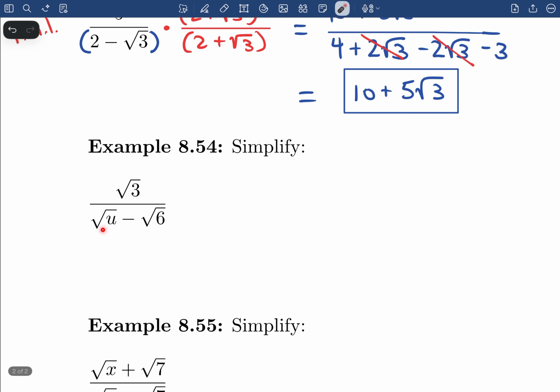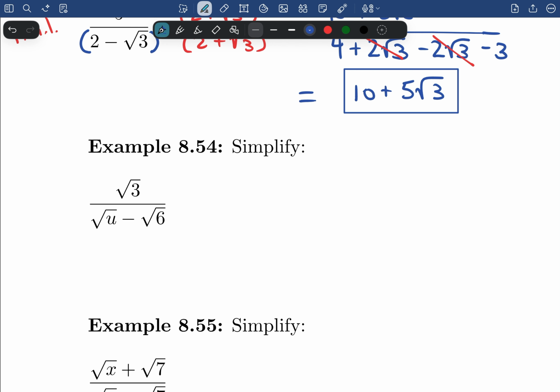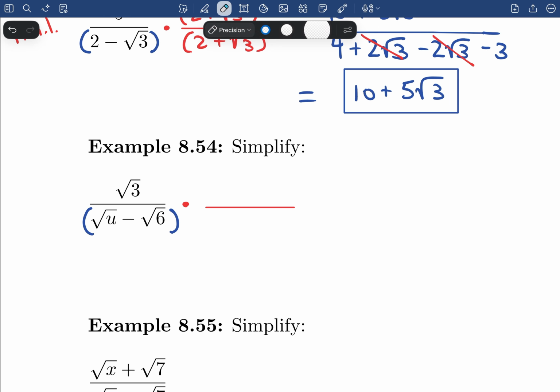And in the denominator, we see radicals, gross. And we see that there are two terms separated by subtraction, right? We have the square root of u is the first term, square root of 6 is the second term. And so our trick is to multiply the expression by the conjugate of the denominator, which would be the square root of u plus the square root of 6, right?